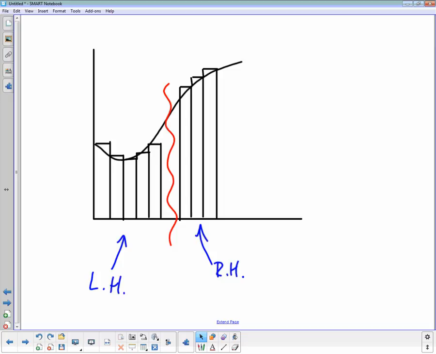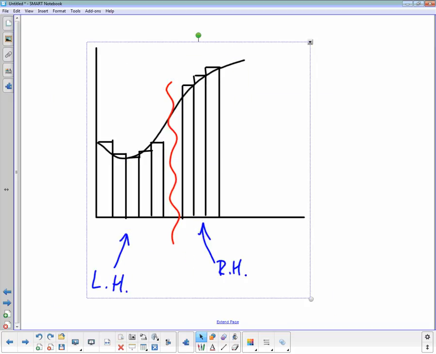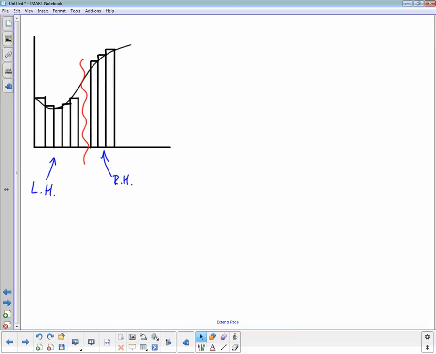An advantage would be to use the midpoint. And then we have a slightly different formula for how it's done. Yeah, they're basically the same.